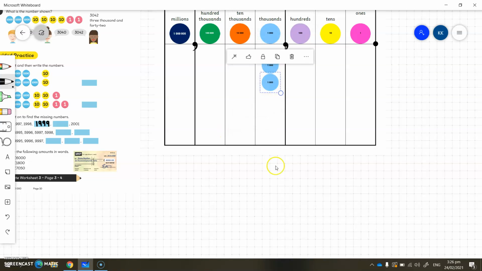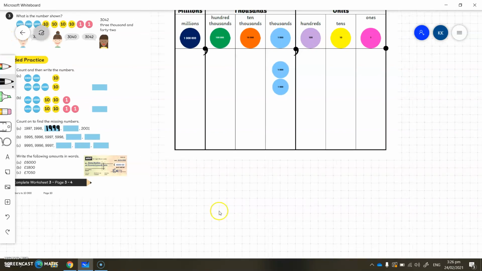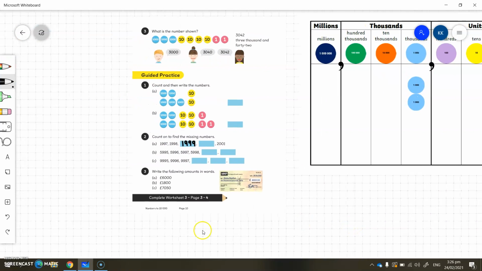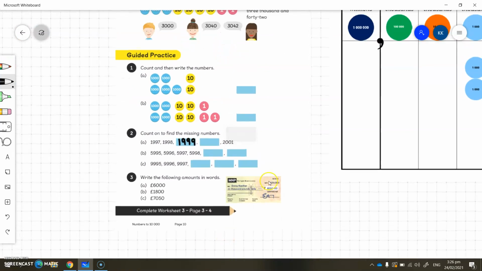That was quite a lot of work. The next number in counting on from 1,999 is 2,000. And let's see, my final term in this sequence is 2,001.